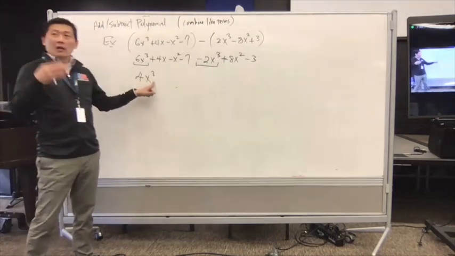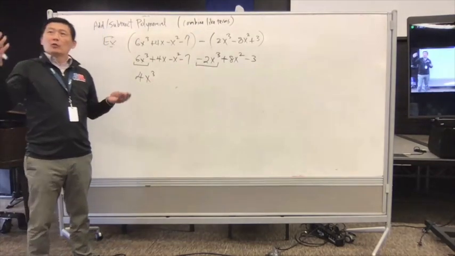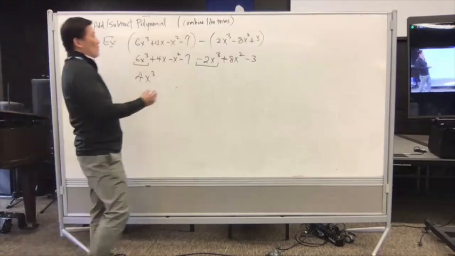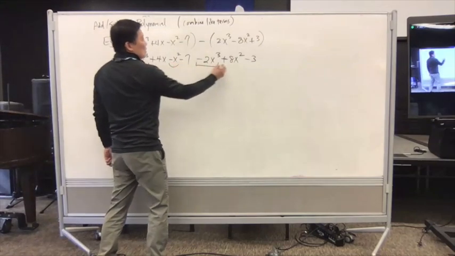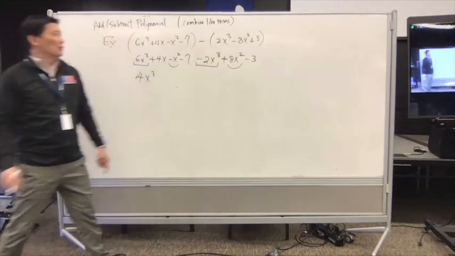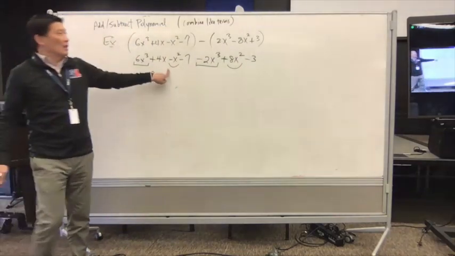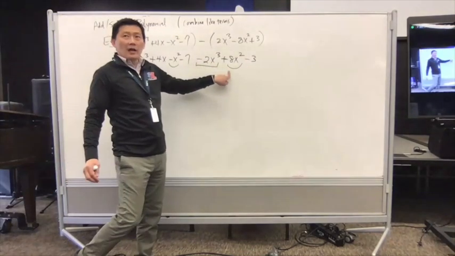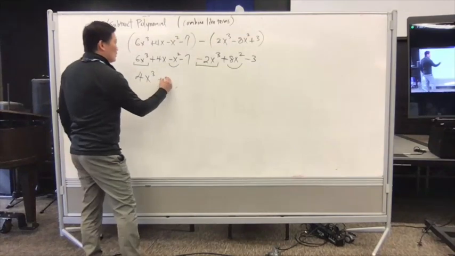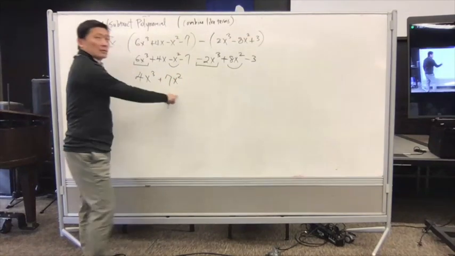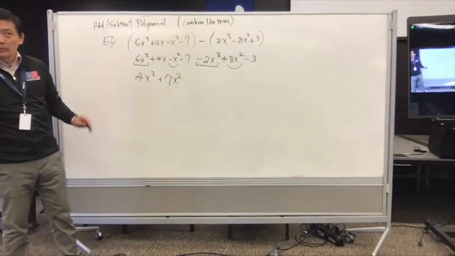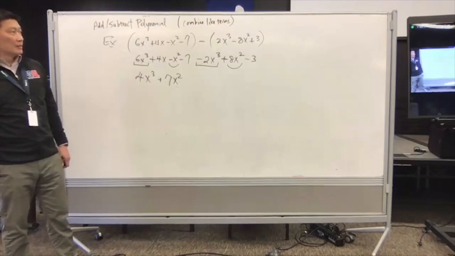X cubed is the highest power, so you want to look at x squared. These two terms are x squared terms. Negative x squared plus 8x squared is positive 7x squared. Positive. That's why I put a plus sign in front of it. Okay?